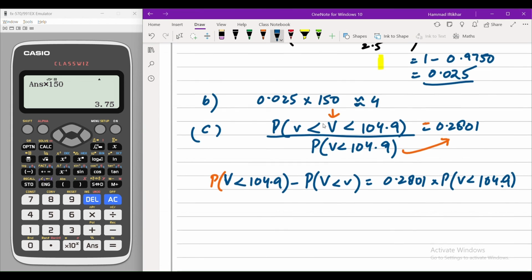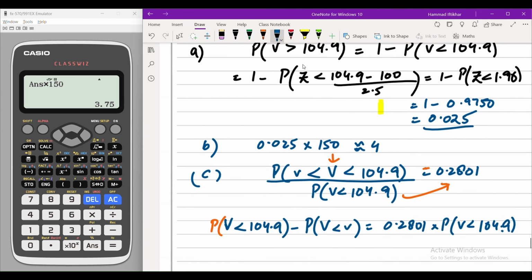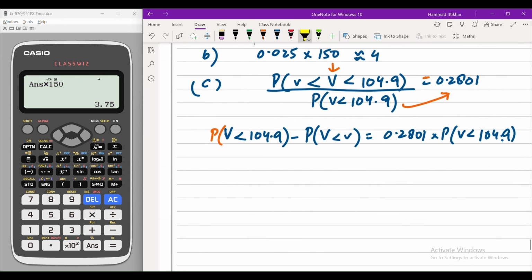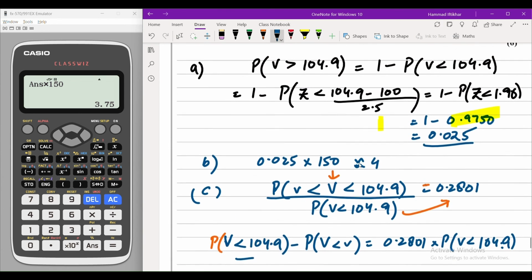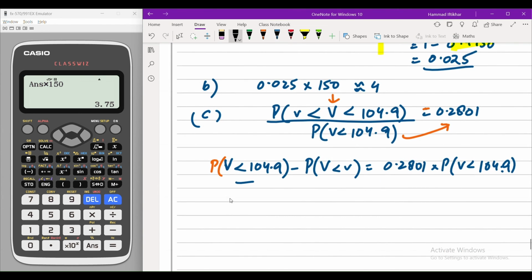We actually calculated or found that probability, that was 0.9750, so we don't have to do it again. So that was 0.9750 minus the probability of V less than v equals 0.2801 times 0.9750.